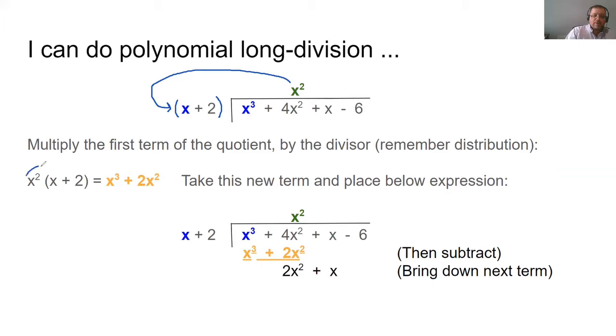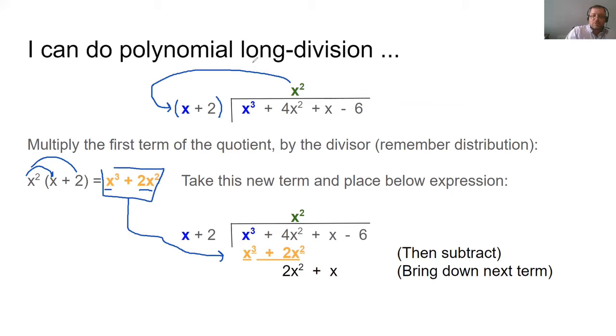So x squared times x is x cubed, x squared times 2 is 2x squared. And then I take this whole term and I put it under the dividend.